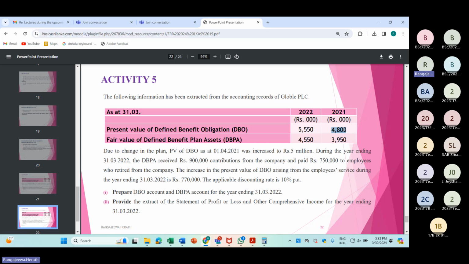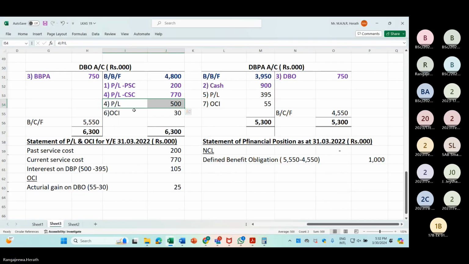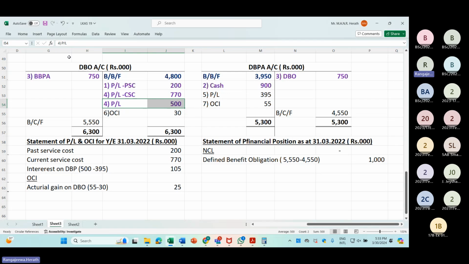Very first day we revise it into 5,000. So interest should be calculated for the 5,000, not 4,800. Right? If you prepared this like last week, you would have put 480 here. Right? If that happened, you will remember this mistake, you won't do that in the examination. This is interest.